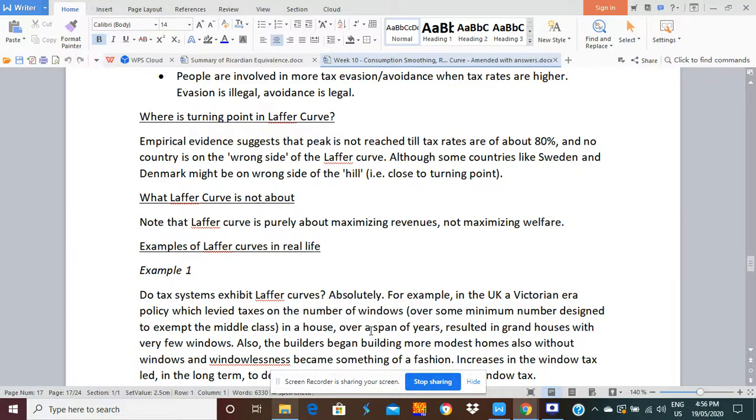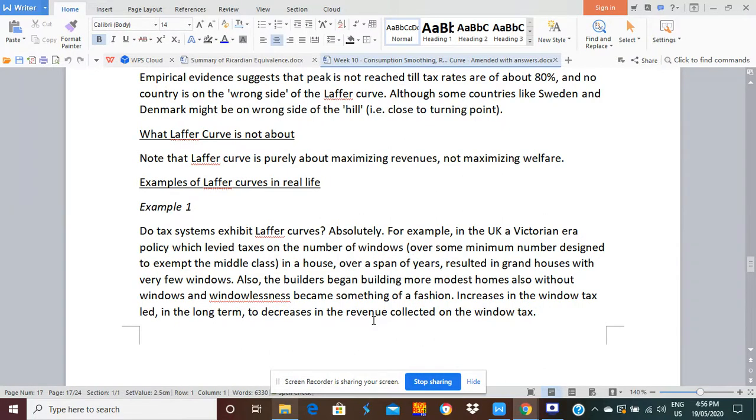For example, two centuries ago in the UK, the government decided to increase taxes. The logical way would be to base the tax on the number of square meters. A big house with thousands of square meters would pay a higher tax.